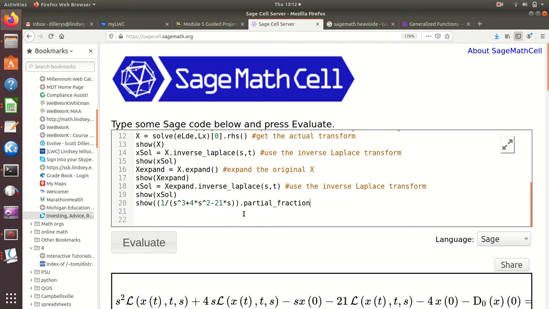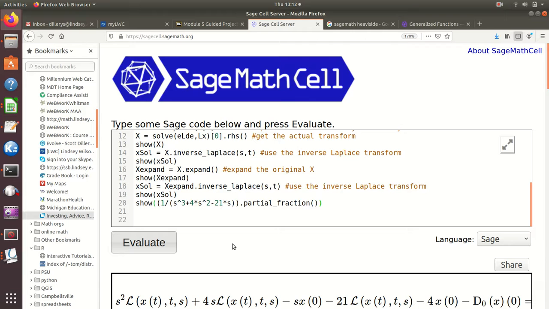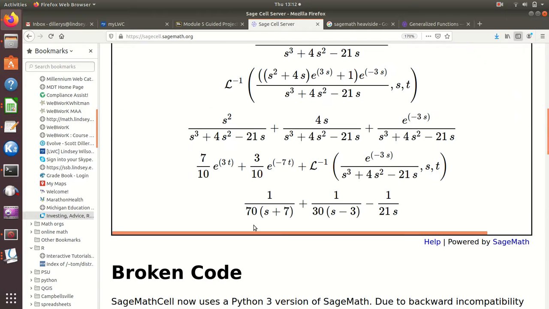I don't remember if it was plural or singular. Close that all off, and let's just see if I got this to work. I just want to see the partial fraction there. And it did it. Yay, I recognize that. Okay, so there's that partial fraction.